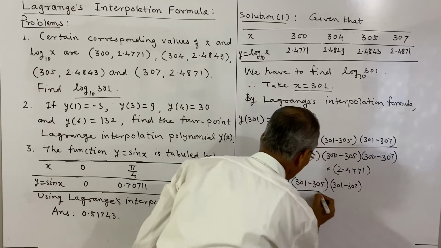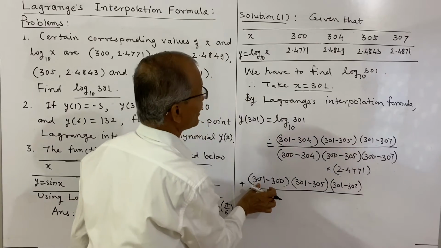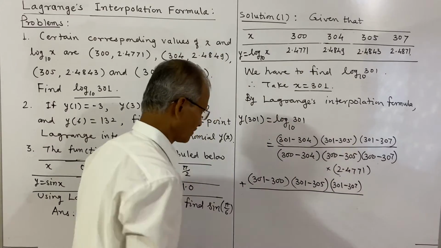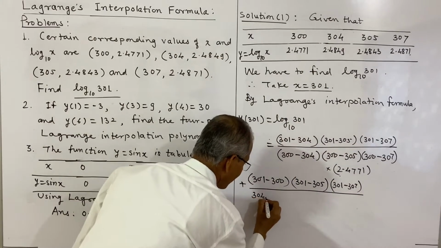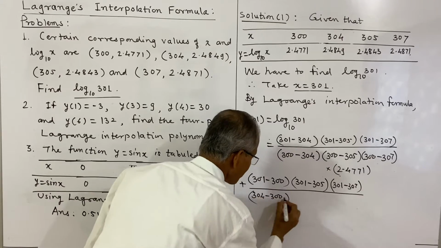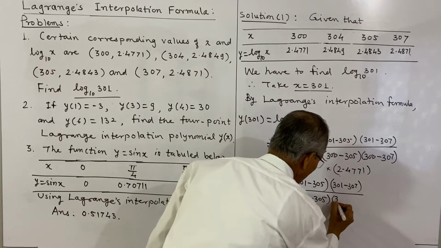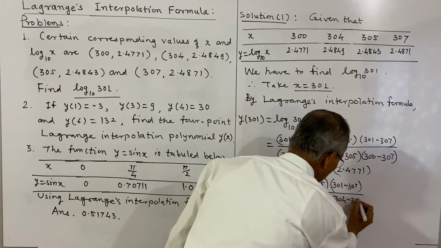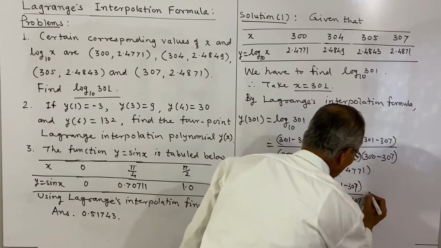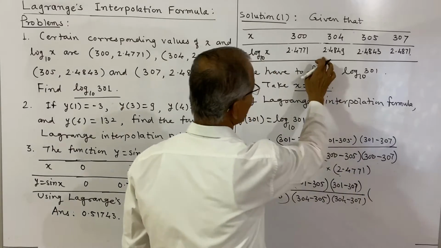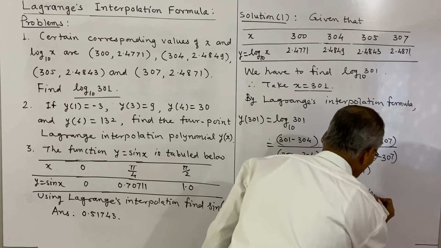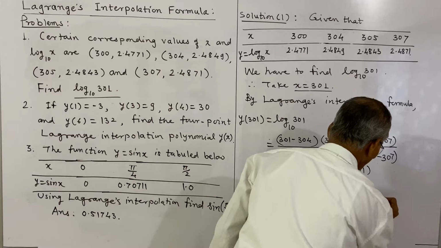At the denominator we replace 301 by 304. It is multiplied by the second value of y, that is y1, 2.4849.